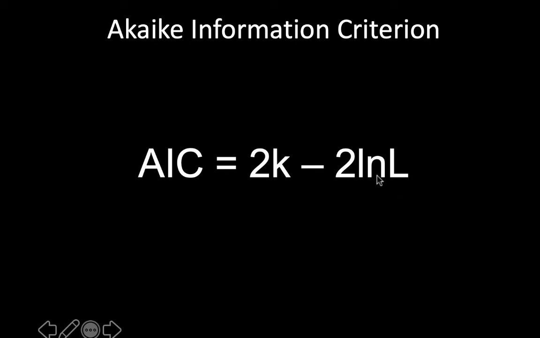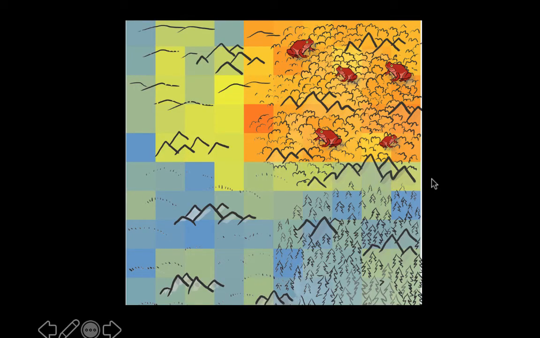So first off, we're going to focus in on that log likelihood. With respect to a species distribution model, the way we get this is we take this model and we standardize it so that all the grid cells' suitabilities put together sum to 1. So that essentially makes this a probability distribution over this geographic space.